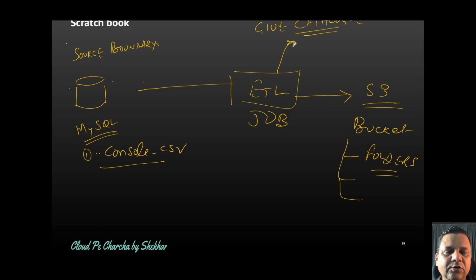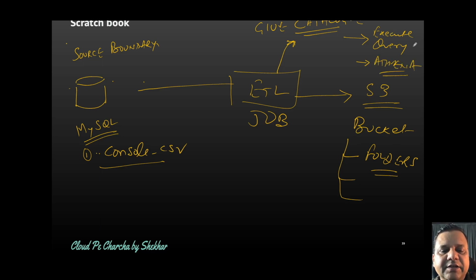This Glue catalog will also get created as part of this ETL job execution, and this will then help to execute queries. So you can execute a query to see what all data has been exported inside these Parquet files. That query has to be an Athena query.